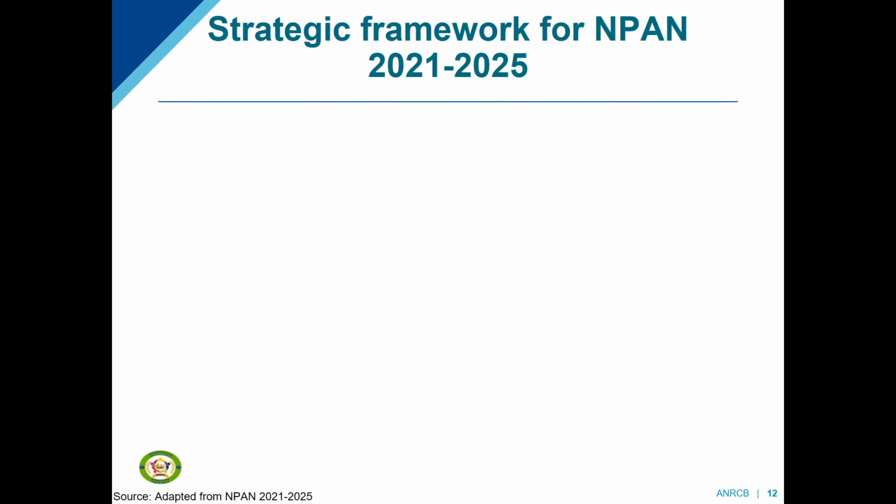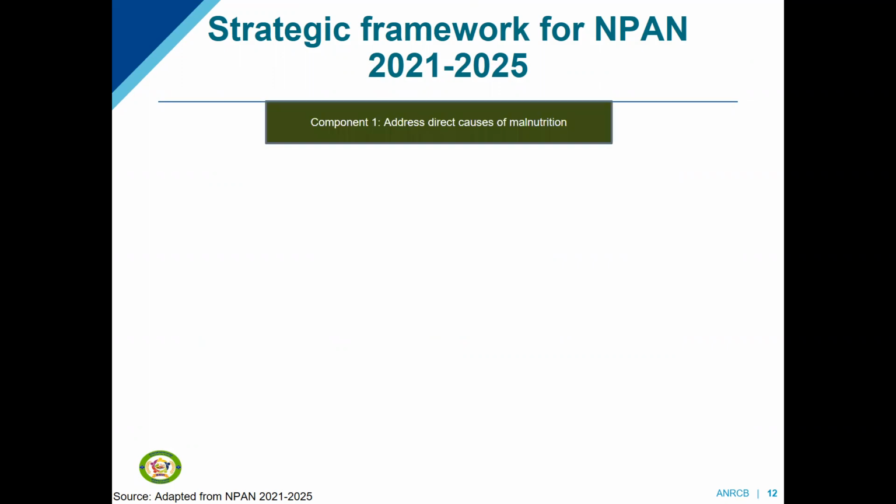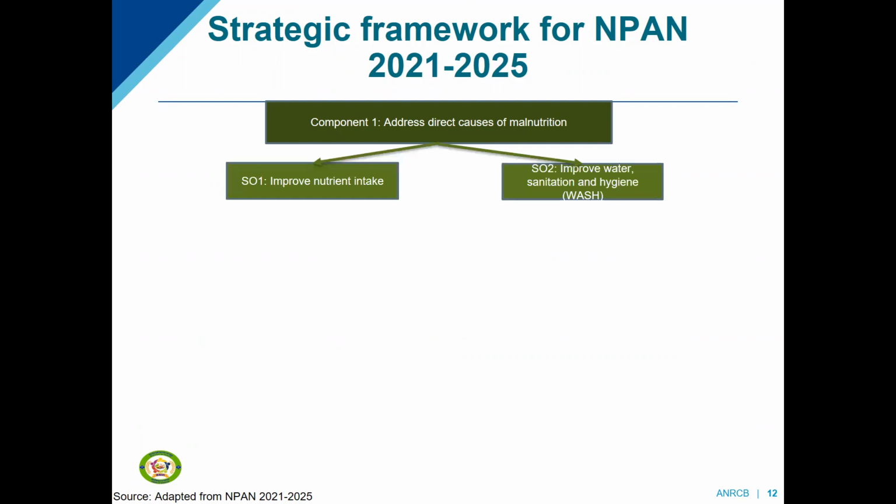The strategic framework for the National Plan of Action on Nutrition has three components, which have multiple strategic objectives. The first component addresses direct causes of malnutrition and therefore has objectives to improve nutrient intakes and to improve water, sanitation, and hygiene, which is often referred to by the acronym WASH.